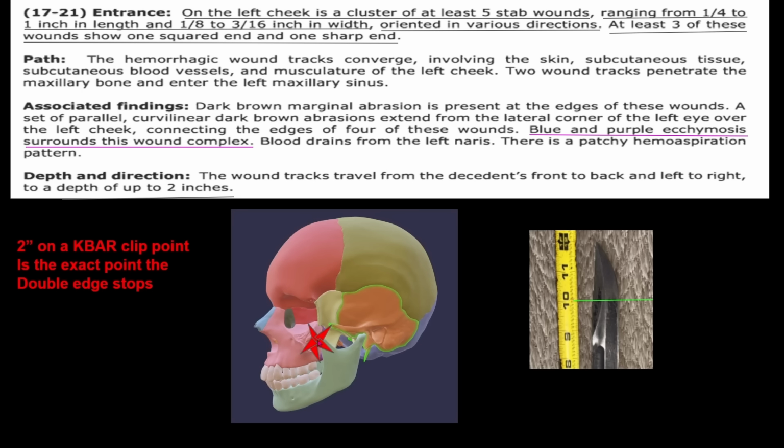Now I just have it going in different directions like it's a star, but I don't know which direction they're all going in. At least 3 of the wounds show 1 squared end and 1 sharp end, and they're only 2 inches deep. So these are not caused by the K-bar. This is caused by something else.